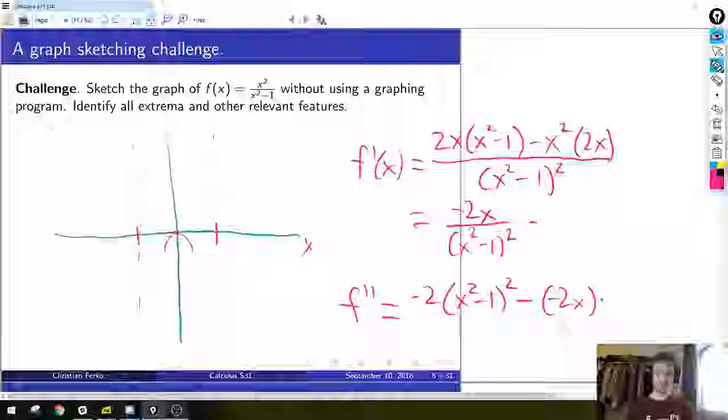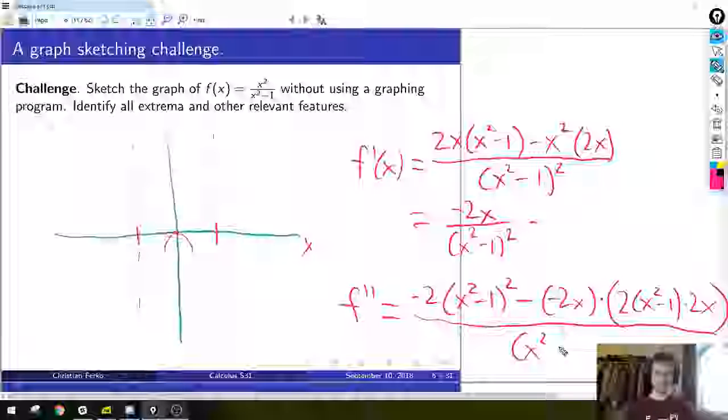So begin left parenthesis, and you're going to have 2 times (x squared minus 1) times 2x. Yeah, that looks right. And then all over this guy to the fourth, right? This one to the fourth.